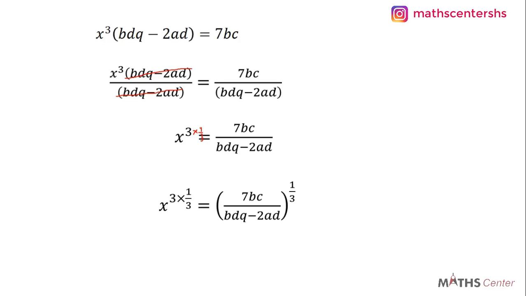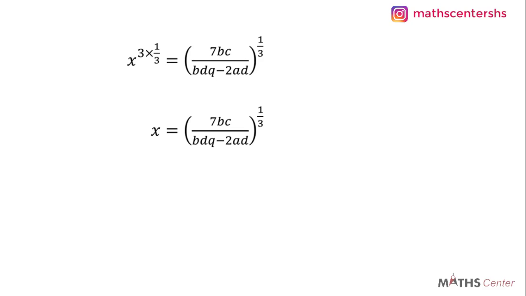So when you do that, you see that the 3 here will cancel the 3 here so that you have 1. X exponent 1 is the same as x. So you are going to have x, then we have 7bc divided by bdq minus 2ad, all raised to the power 1 over 3.